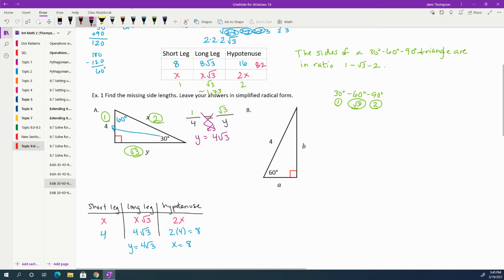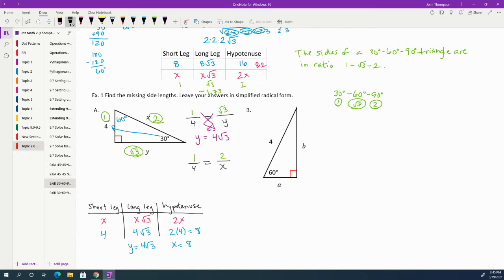I could set up the same thing to find the other missing side, right? I have 1 over 4, and then I could set up 2 over x. I could also not set this up and just use some of my number sense and my brain power to figure out what x is going to be.